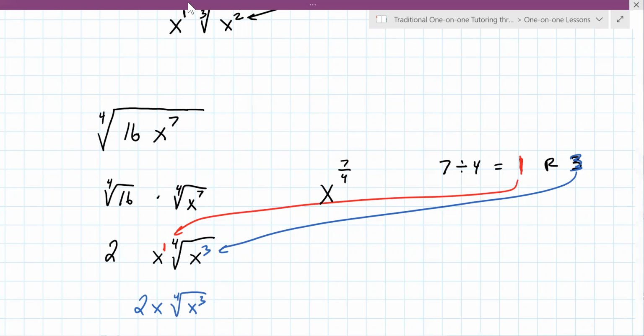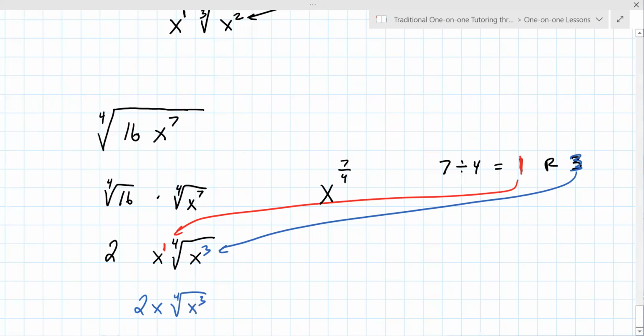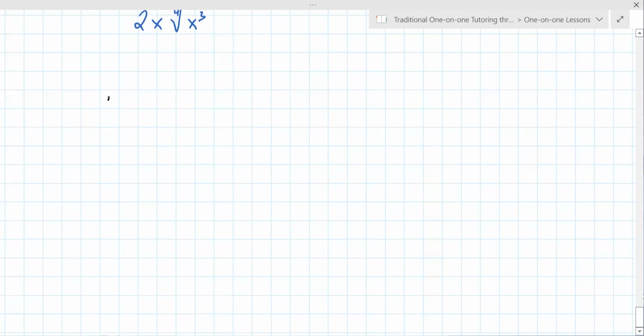Let me give you one to try here. All right, let's go fourth root of 81 x to the 6th. Could you try reducing that, please? Then you use the fourth root of 81, which is 3.